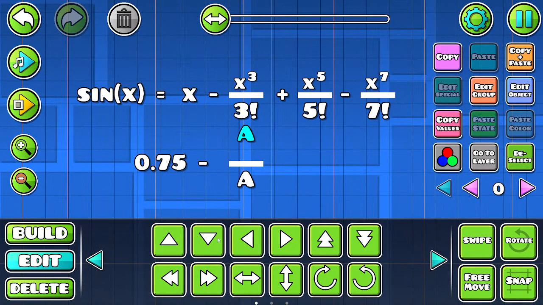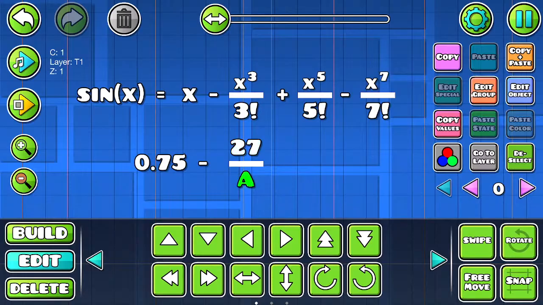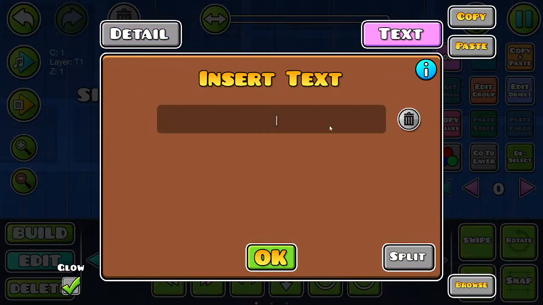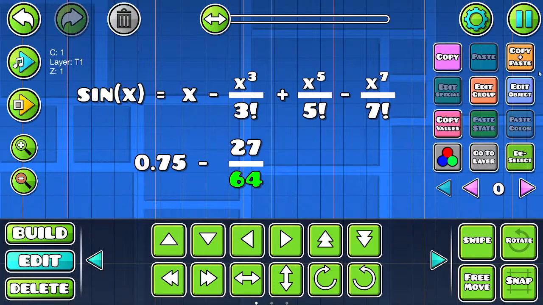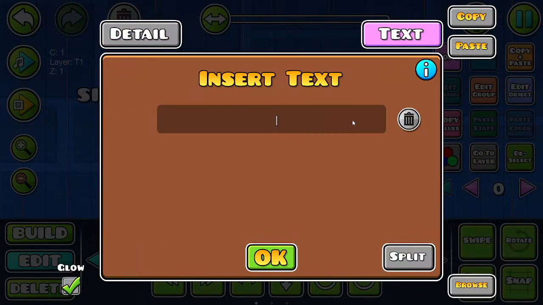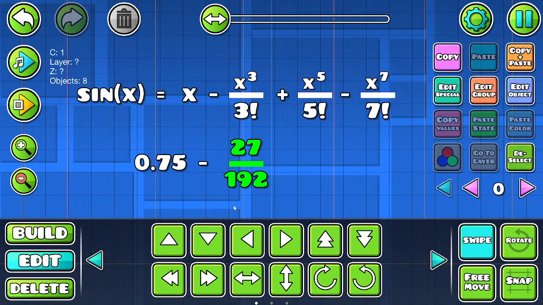So 3/4 cubed: the numerator is 27, and the denominator is 4 cubed, which is 64. All right, then I have to multiply the denominator by 6. I think it's 192. Yep, 192.